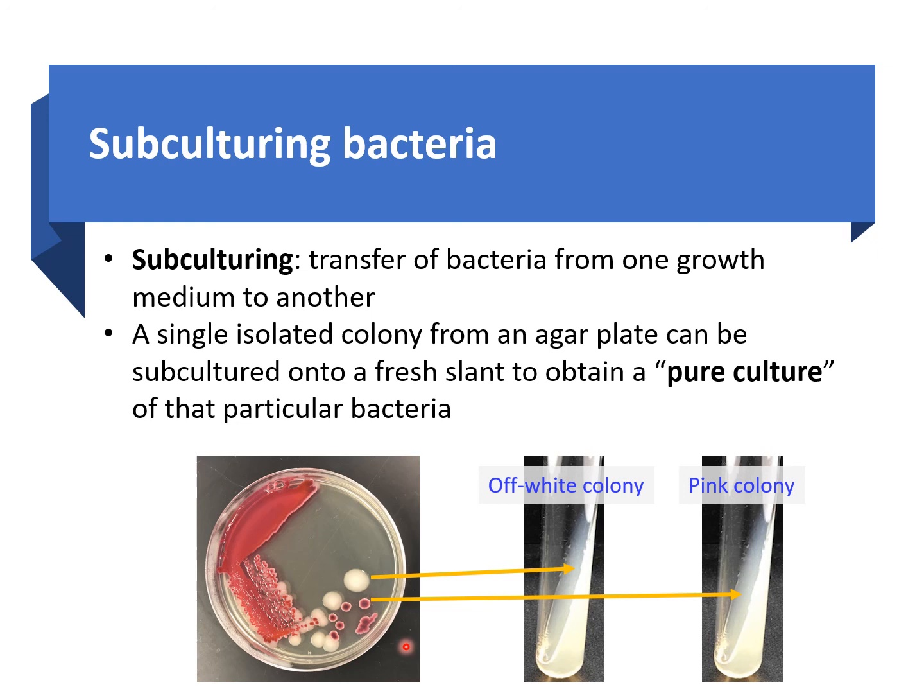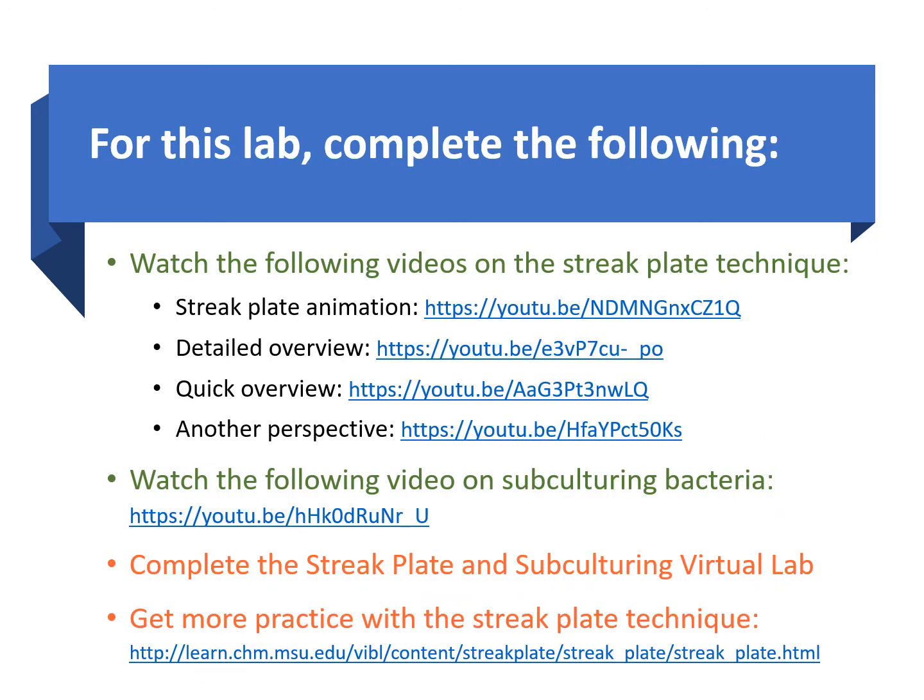Just pick one and sample it, and that's it. Then transfer it over, or now we know the correct term, subculture it, on another plate or on a slant. And once you achieve only red colonies on that slant or new plate, then we can say that you have achieved a pure culture.